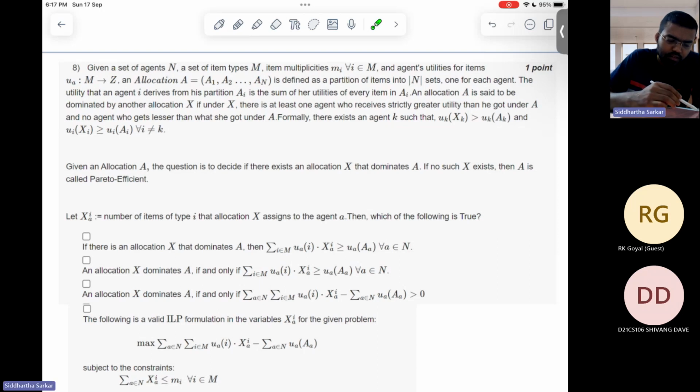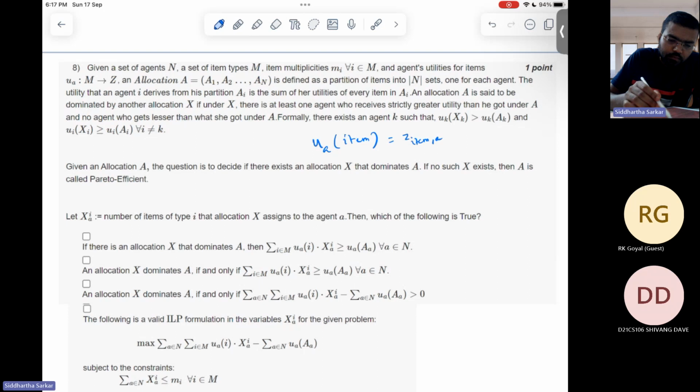Once you fix an agent, then for every item you have a utility. Here the utility is not 0 and 1, utility is an integer. So for every item there is an integer utility. Once you fix an agent, you can define U_A of an item to be some number.